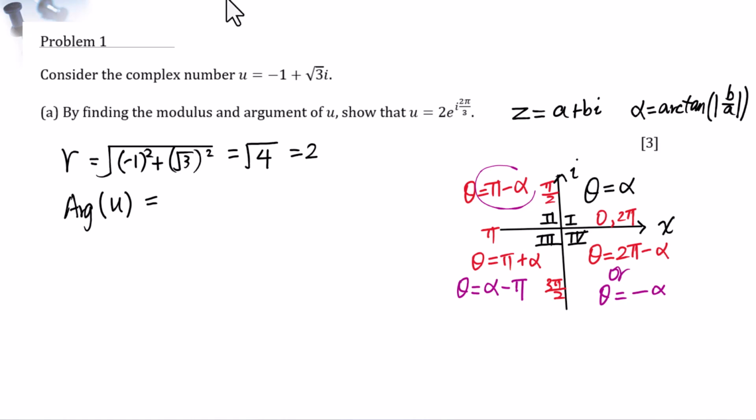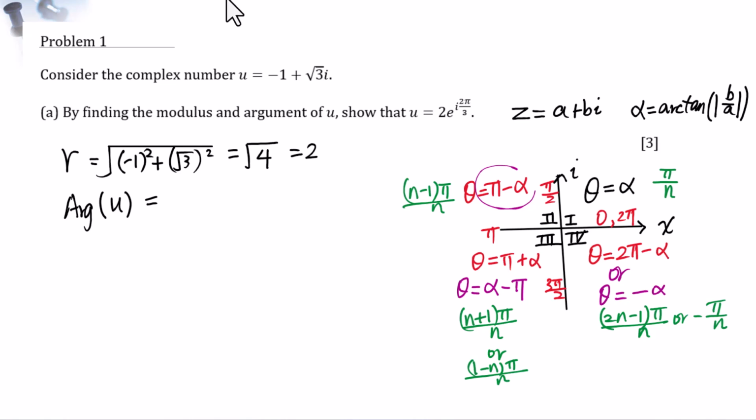If the reference angle is a special angle, then we can use pi over n for the first quadrant, n minus 1 pi over n for the second quadrant, n plus 1 pi over n for the third quadrant, 2n minus 1 pi over n, or negative pi over n, for the fourth quadrant.